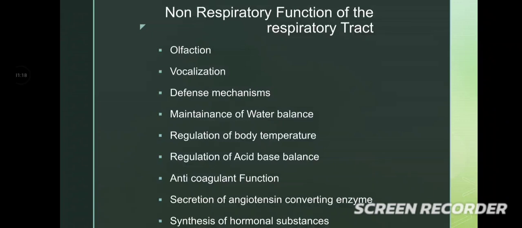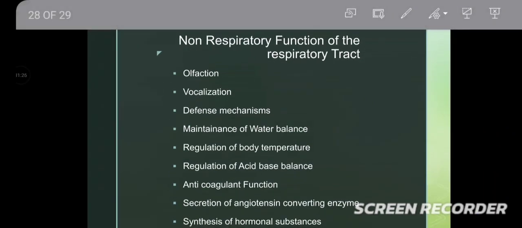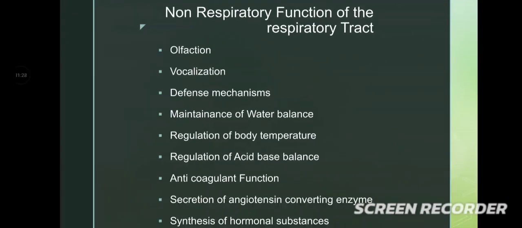Thus, the respiratory tract also plays a role in heat loss mechanism, thereby contributing to control of body temperature. So these are some of the other non-respiratory functions of the respiratory system.